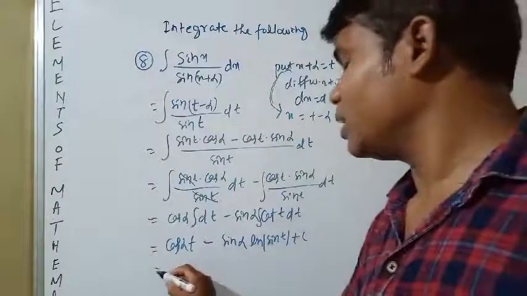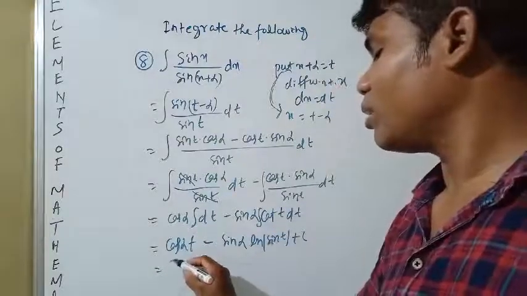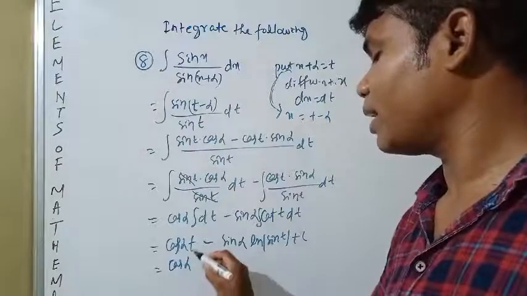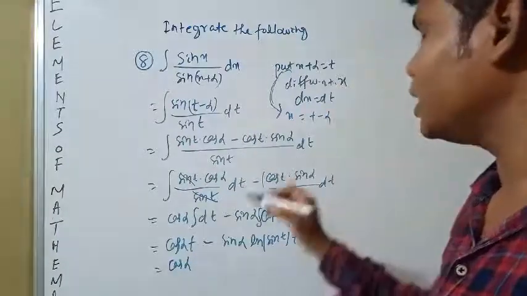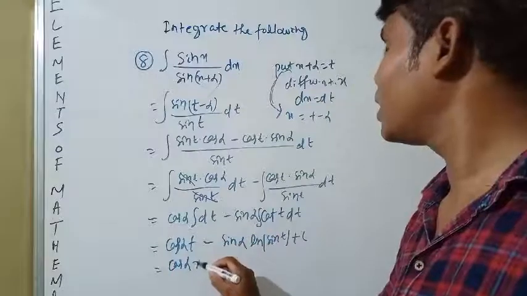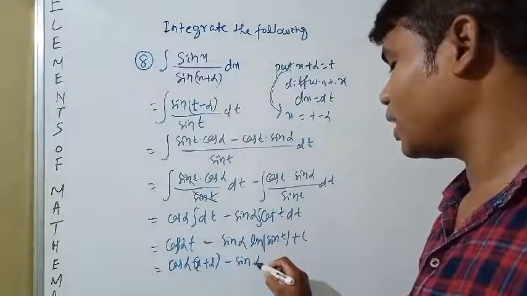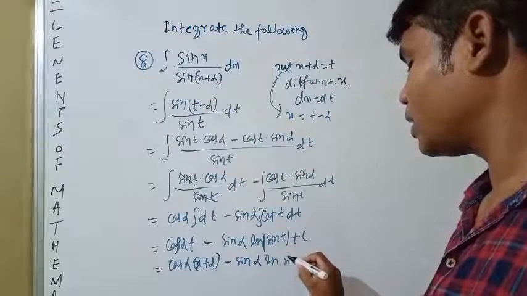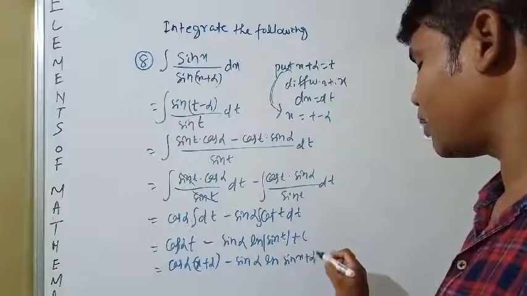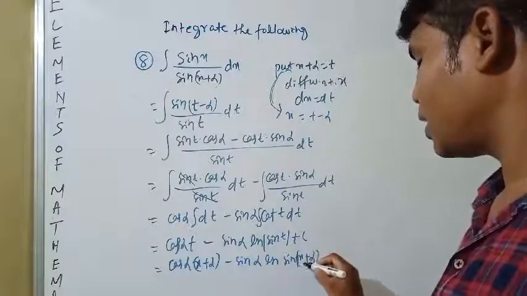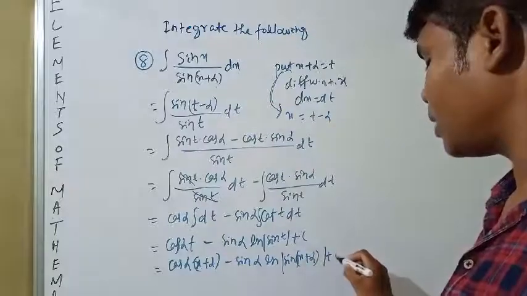Okay, is equal to cos alpha, t is equal to how much? t is equal to x plus alpha, minus sin alpha ln sin(x plus alpha) plus c.